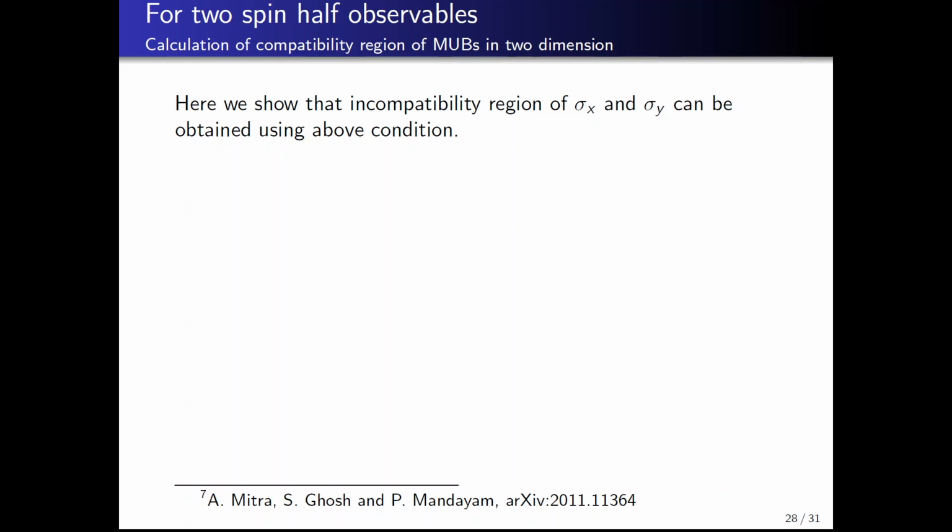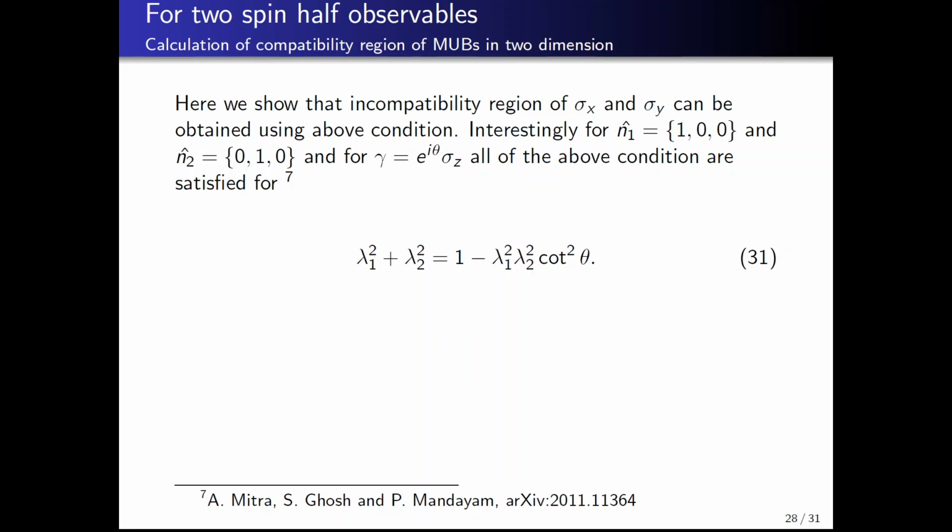We have two observables, sigma x and sigma y. If we take gamma to be e to the power i theta sigma z, then the equations in theorem 5 will reduce to equation 31. So this equation has to be satisfied if the unsharp versions of sigma x and sigma y are to be compatible according to theorem 5.